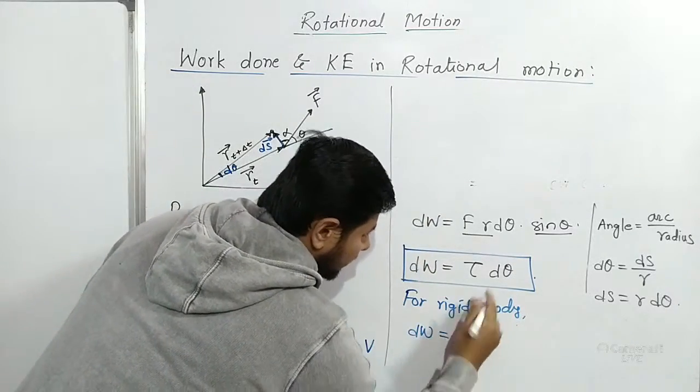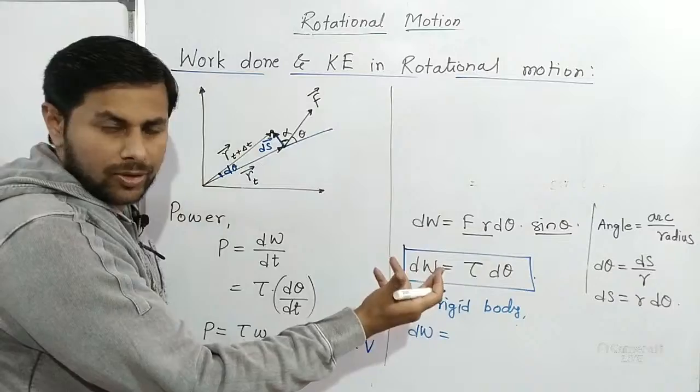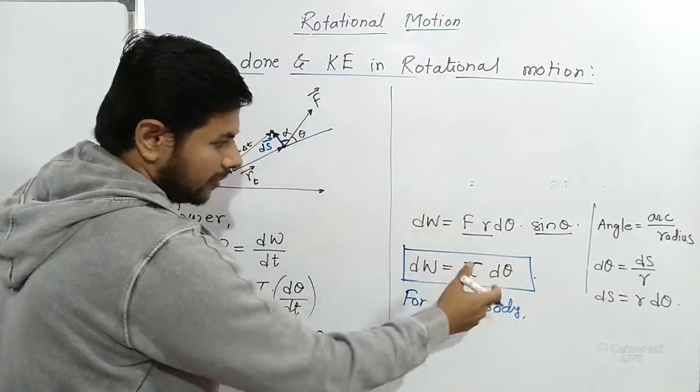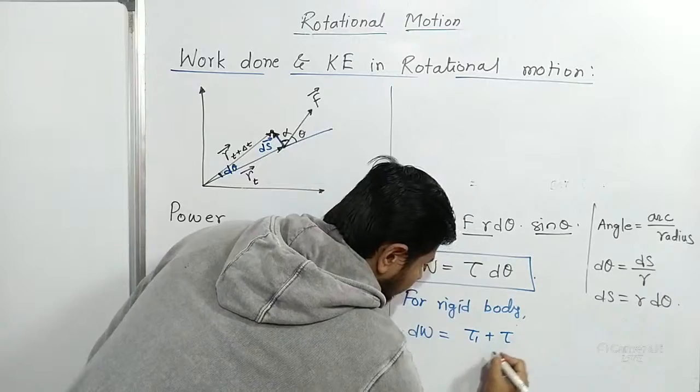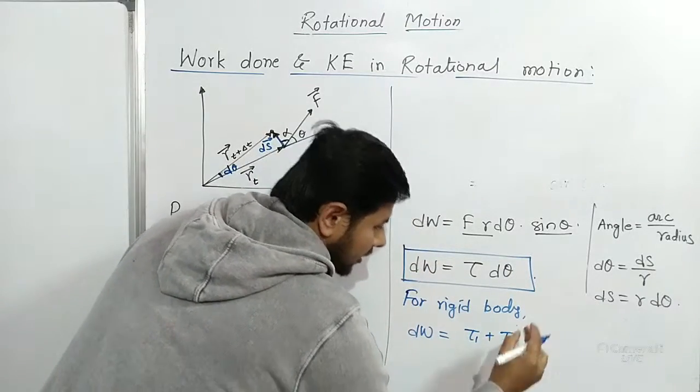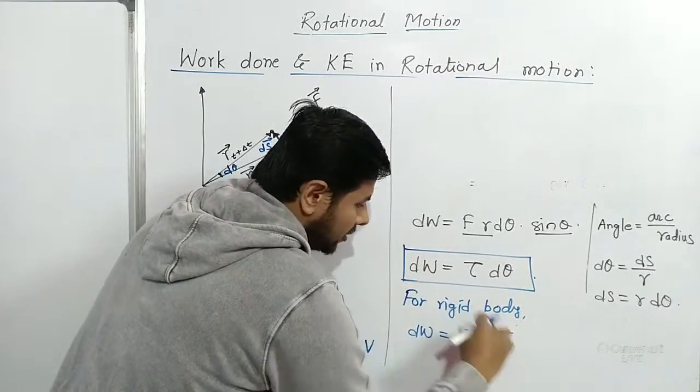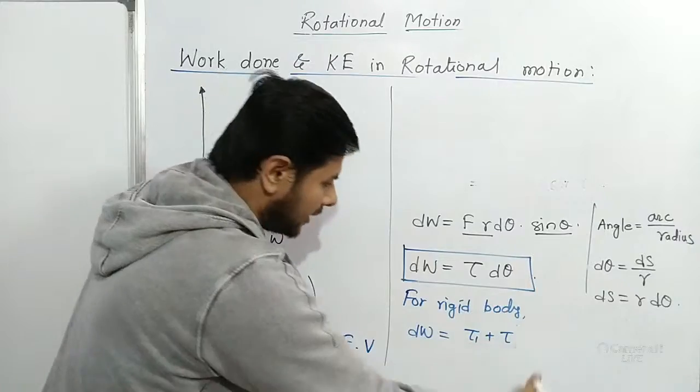All particles of the body will rotate by angle d theta, so it's only the torque that will change. So dW is tau 1 times d theta plus tau 2 times d theta, the work done on the first particle, the work done on the second particle.